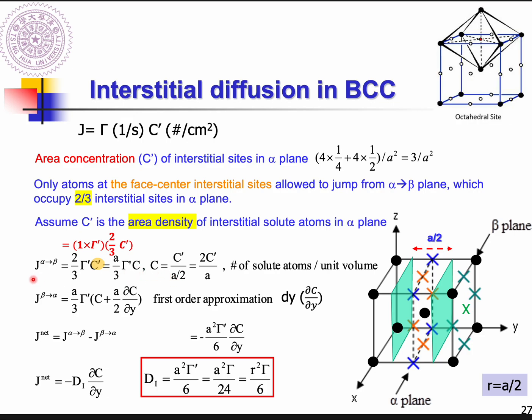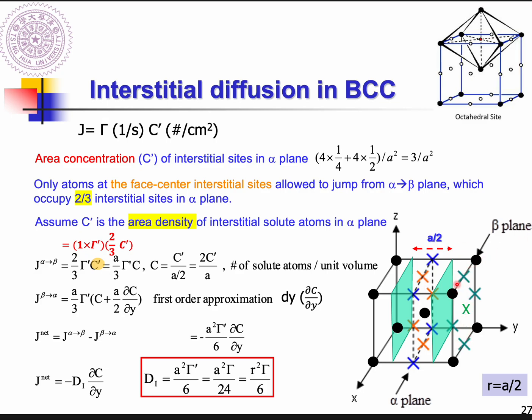So you get the flux from alpha plane to beta plane equals A divided by 3 gamma prime C. Now C is the same unit as in Fick's first law, so we successfully got the J alpha to beta. Next, we need to calculate the J beta to alpha. Some people will probably follow the rule I just showed you, right?